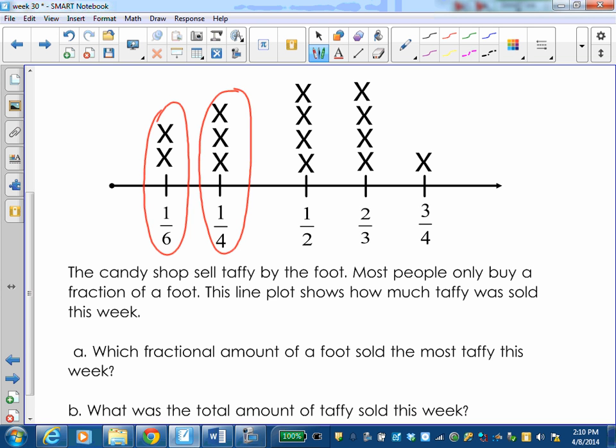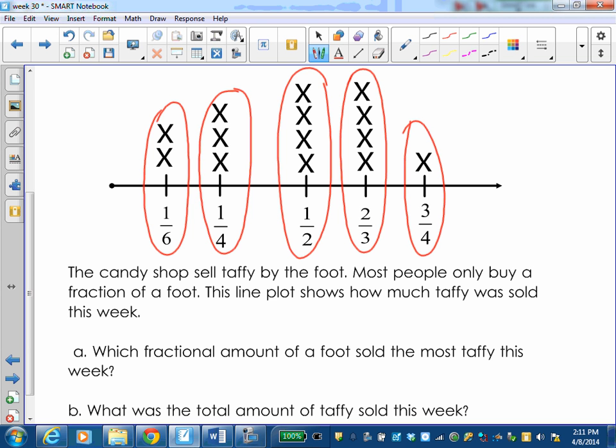If we combined all of those 1/4 of a foots that were sold, would that end up being the most taffy that was sold? Or would it be 1/2? Or would it be 2/3? Or would it be 3/4? So we're trying to figure out which grouping, if we were to take that taffy and lay it out, which one would have ended up giving us the most taffy? Which one would have been sold the most?